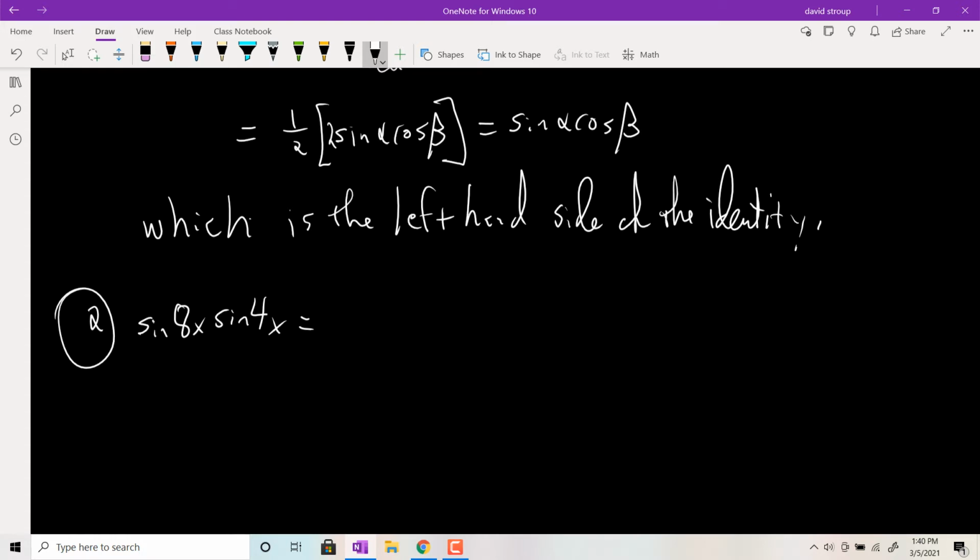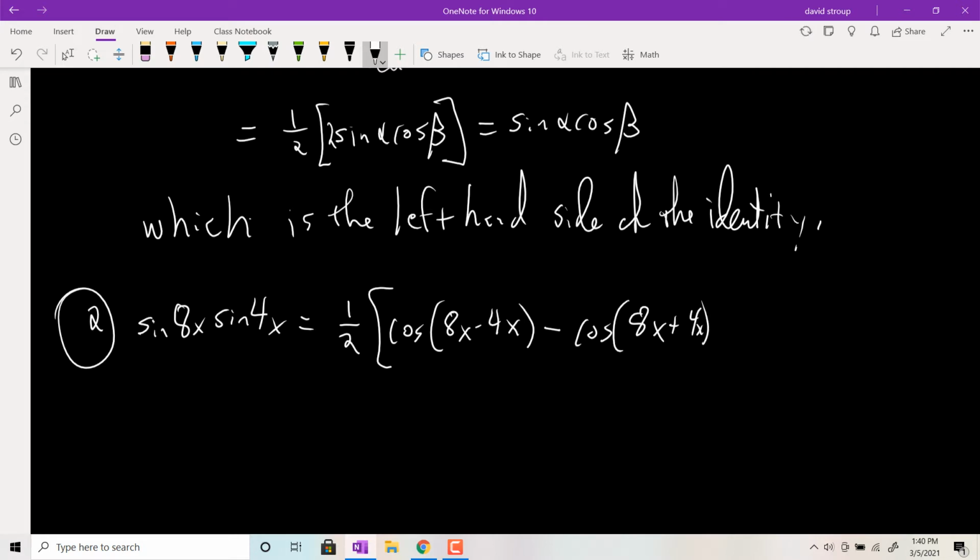So I'll go 1/2, and then cosine of alpha minus beta, so it's 1/2 cosine of 8x minus 4x, then minus cosine of 8x plus 4x. And then you can simplify the insides of those cosine functions, so you'll have cosine of 4x minus cosine of 12x.